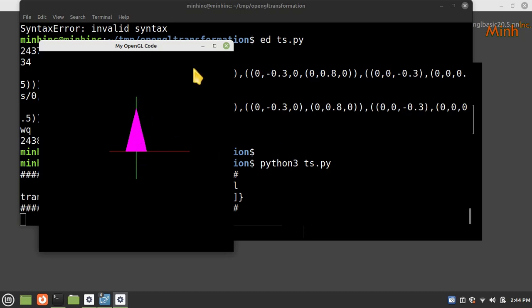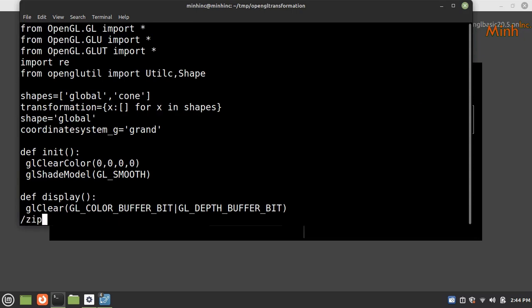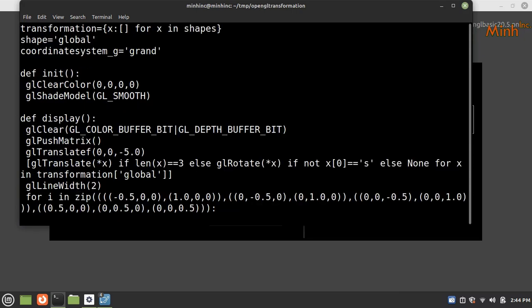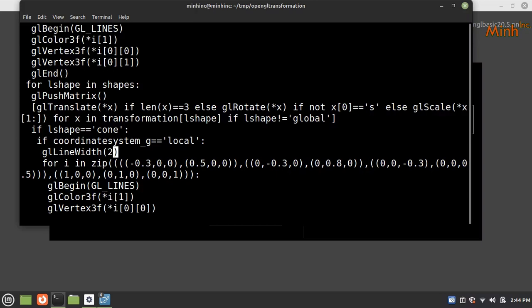It is 0.8, not 1. Okay, so this should be long. We'll make it 2. Okay, and we made this long, that is local axis.